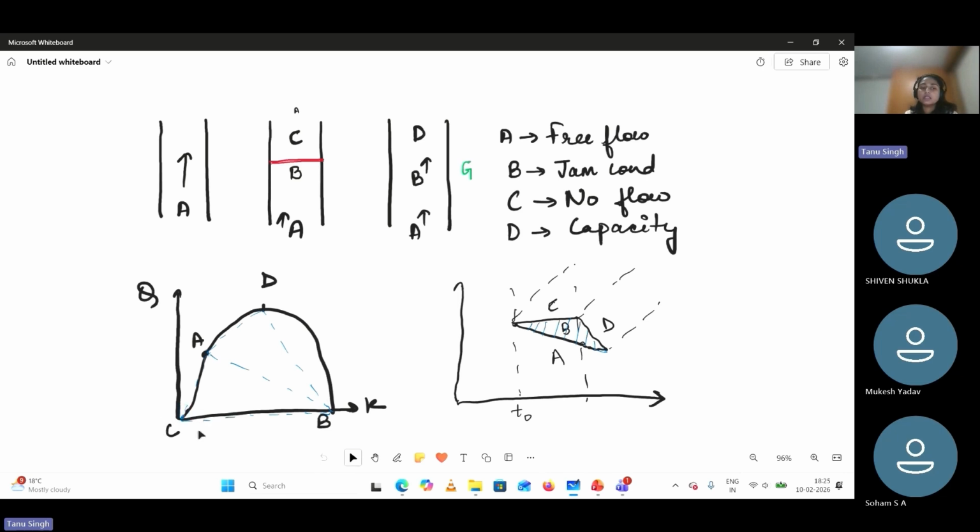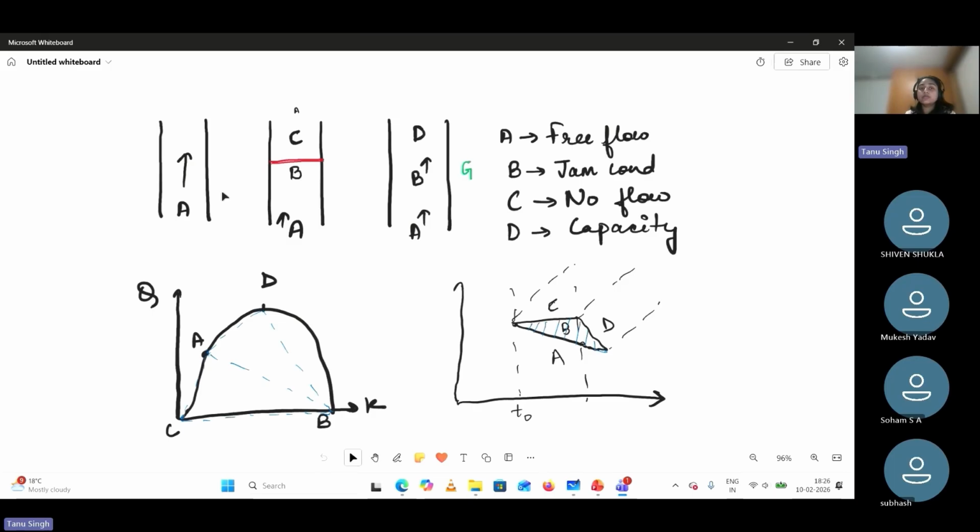Then comes the D condition, when the flow is maximum and density is optimum, at the capacity, which is condition D. So these are the 4 different traffic states that happen when a traffic signal changes at a traffic intersection.